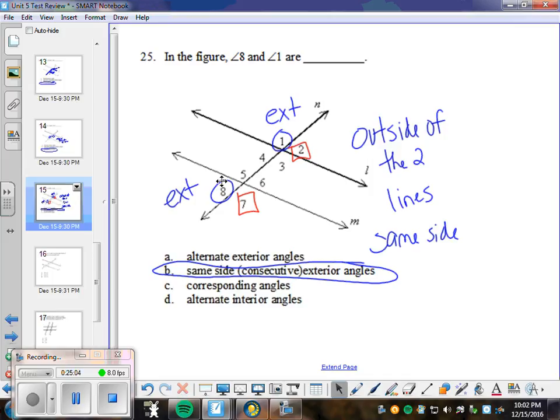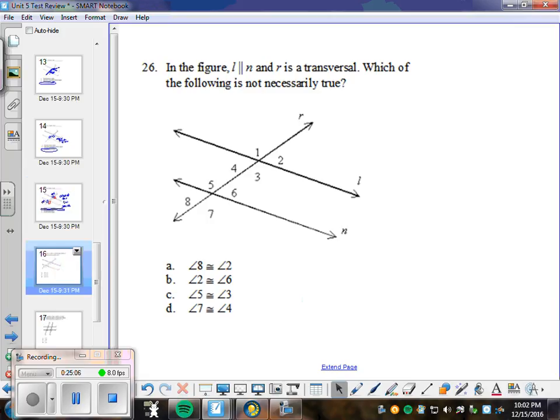Number 26. In the figure, L is parallel to N, so these lines are parallel. R is the transversal, so this is our transversal. Which of the following is not necessarily true? 8 congruent to 2.